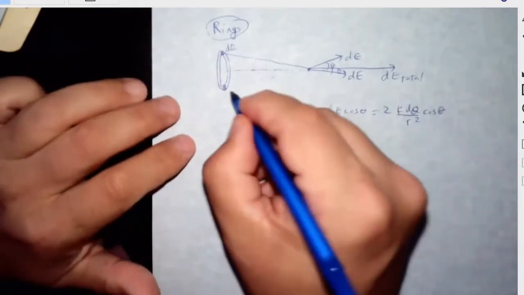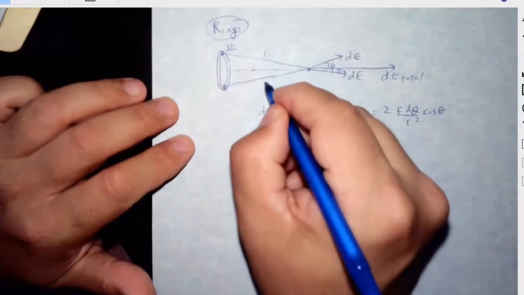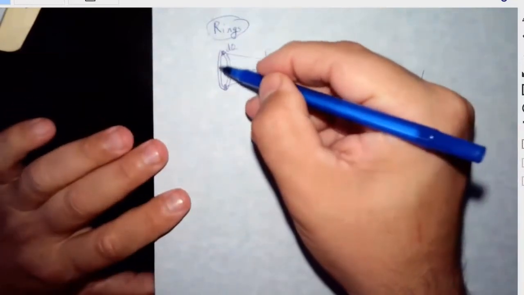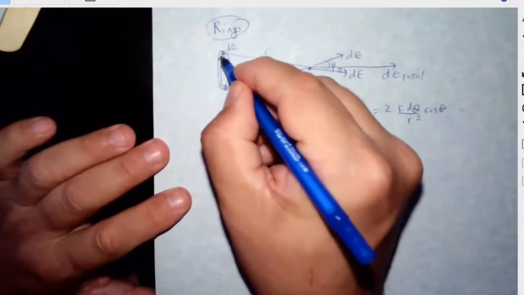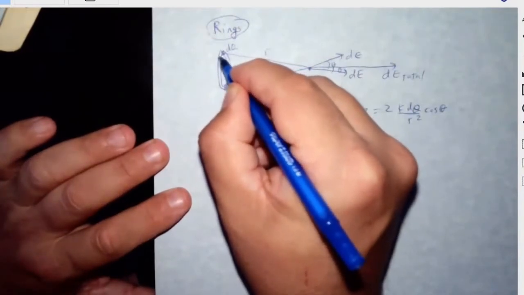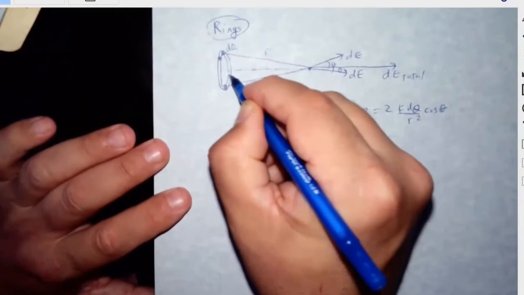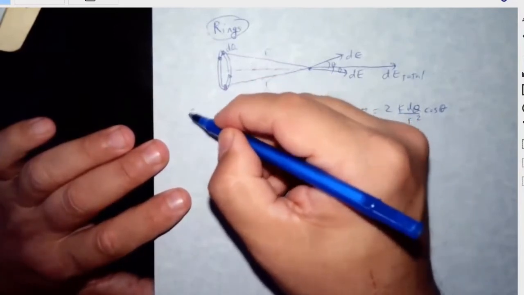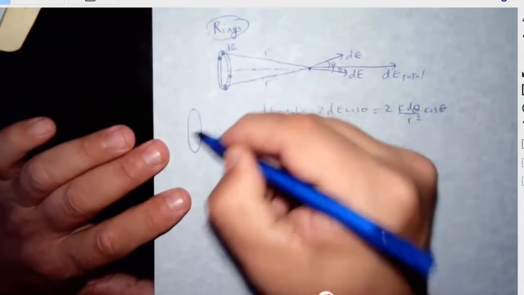And then where r is this distance, right? Then you integrate that for every pair of pieces. Imagine another pair like this, another pair here. So I'm going to try to see if I could draw this in 3D. It looks like this.